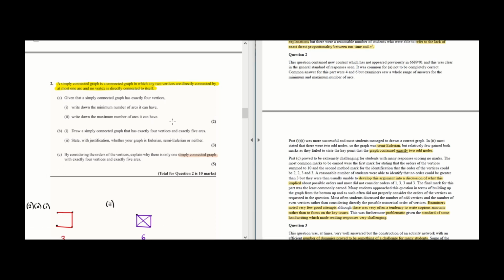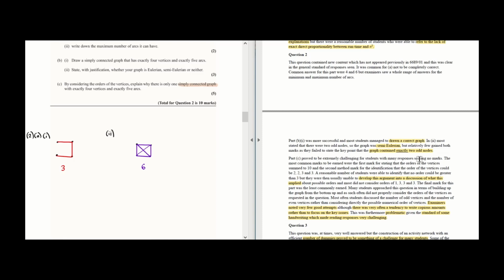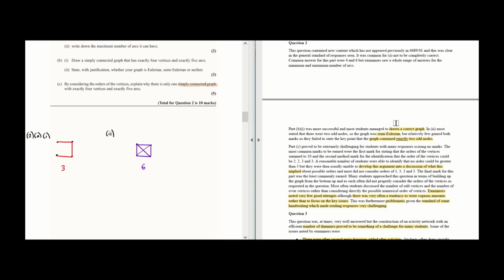Now in terms of part B, I think if you draw the graph correctly, then you can figure out whether it was semi-Eulerian or Eulerian or neither. And if you found it to be semi-Eulerian, you have to give exact definitions in that, stating that if it's semi-Eulerian, the graph contains exactly 2 nodes.